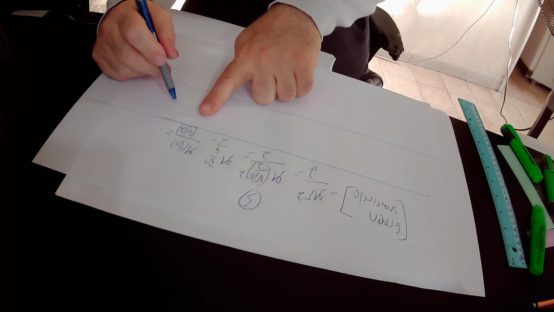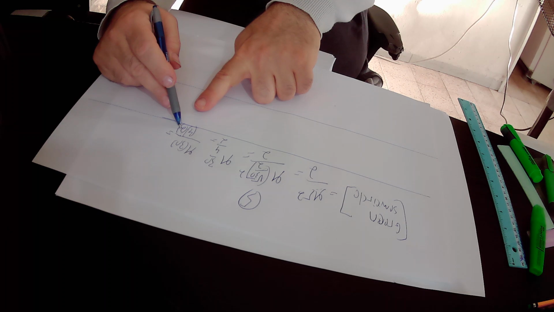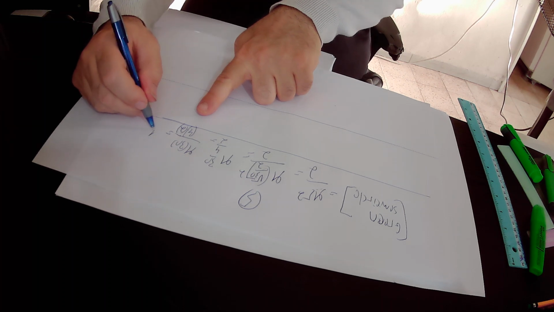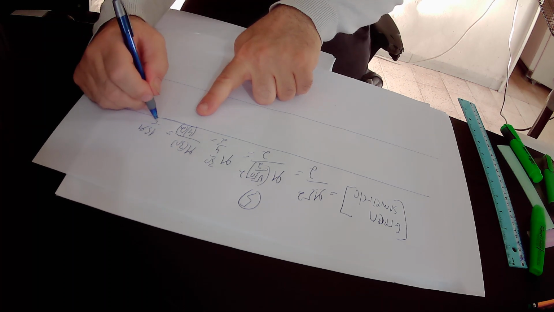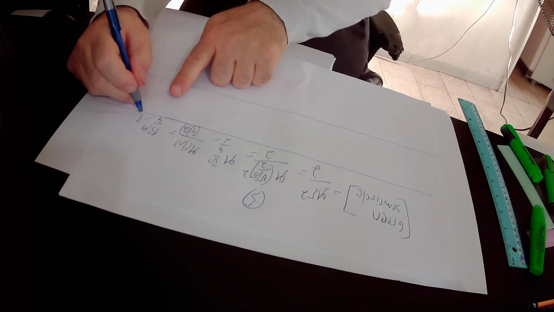Here 30 over 2 is 15. Therefore in total the value of this expression is 15 pi over 4. 15 over 4 is 3.75.